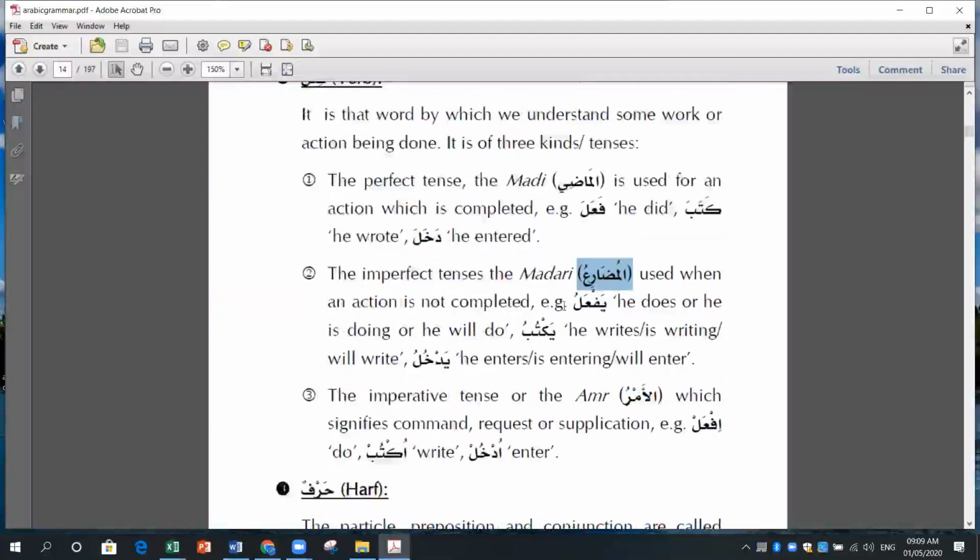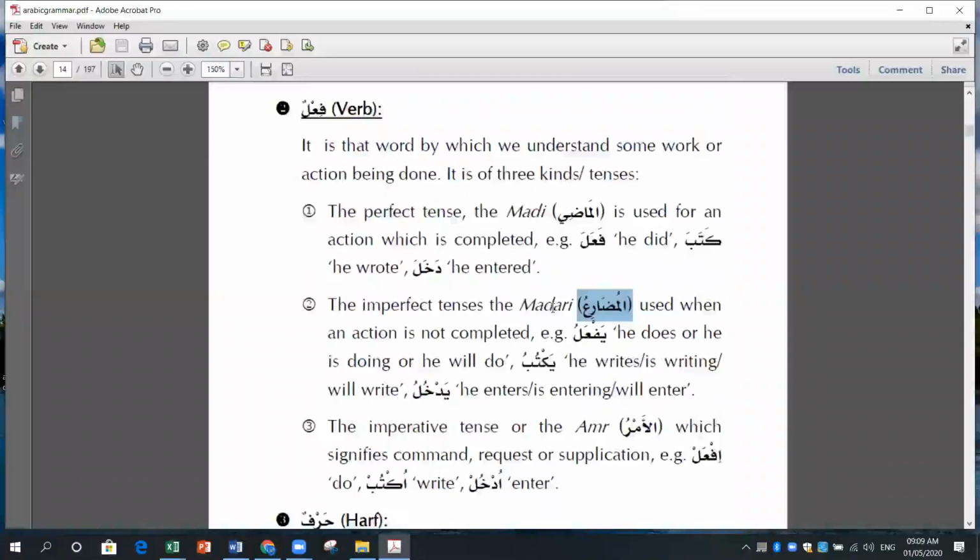For example, yaf'alu. Inshallah, when we discuss verbs in detail, we'll learn how to make yaf'alu from fa'ala. It means he does, or he is doing, or he will do. Present and future tenses both come under al-mudari.